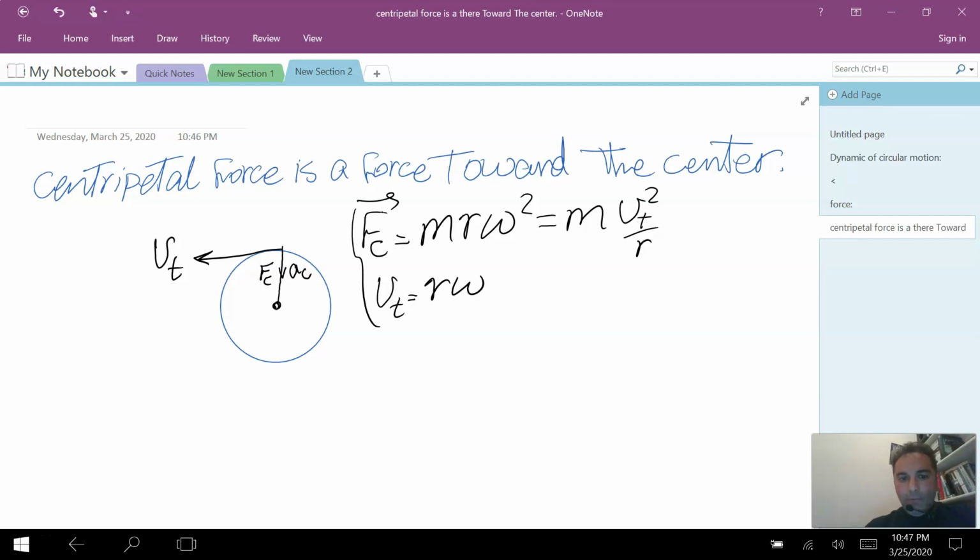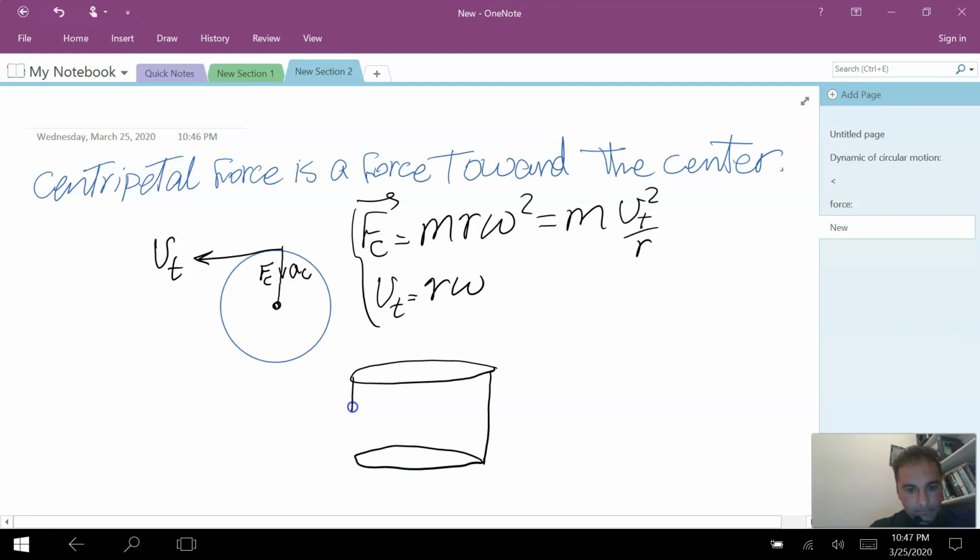Now, let me give you one example. Look, guys, for example, let's assume this is a cylinder. Here we do have a step, okay?